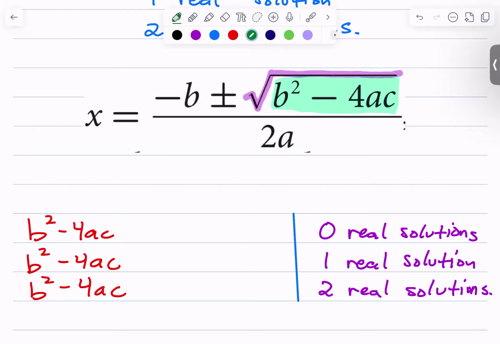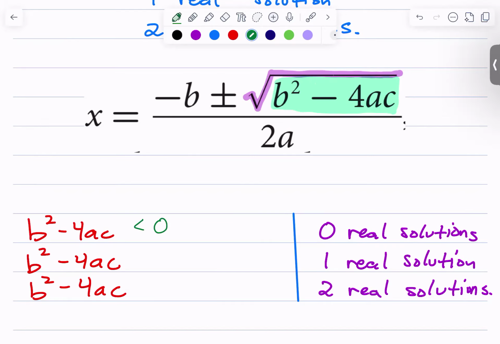In the future, we're going to talk about a number that can make a value of it, not a real value, but a value. But in this case, if b squared minus 4ac is less than 0, there's 0 real solutions.